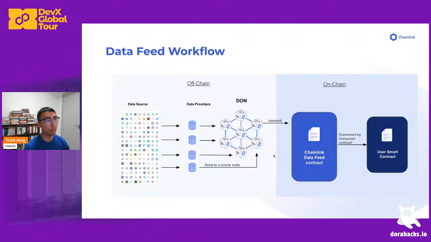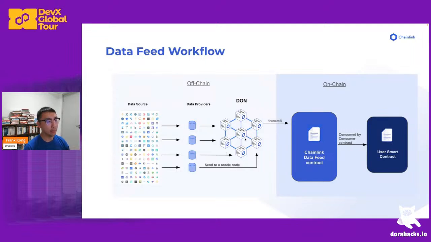So like we said before, we have a DON, the decentralized Oracle network, running off-chain. And this DON will reach out to the data sources through data providers and get the price data from these data providers. And then they will aggregate all these results and talk to each other.